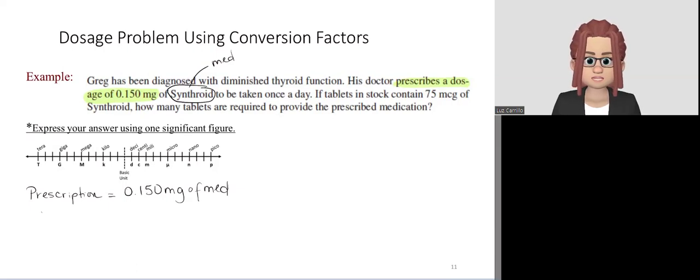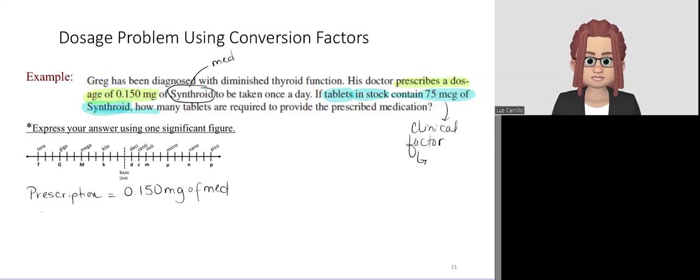Additionally, we have another piece of information, which is the medicine that we have in hand. In particular, we can see that we have tablets in stock that are going to contain 75 micrograms of the medication overall. So whenever we have a particular medication in stock, that is known specifically as our clinical factor.